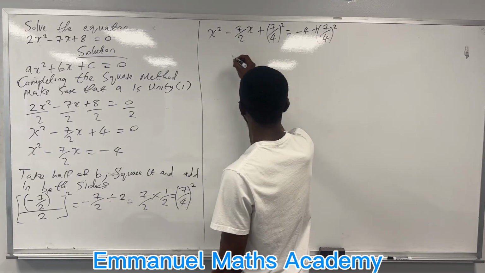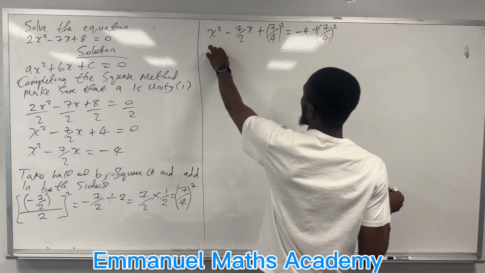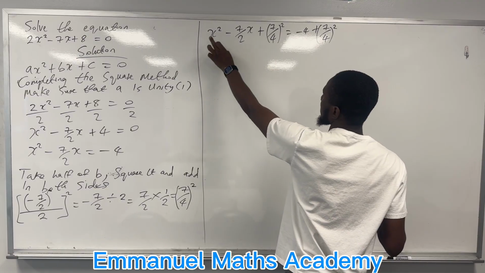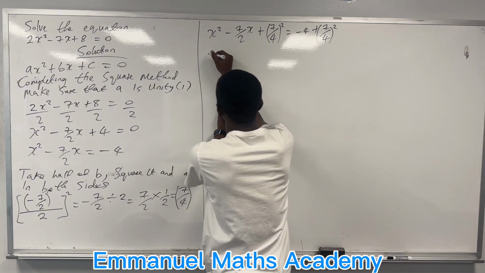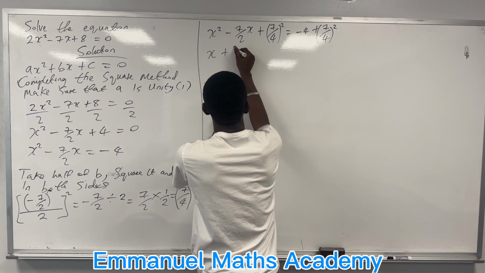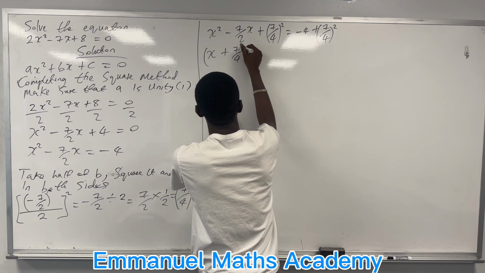Right? Good. Now from this, check the ones that have square. X and 7 over 4. Hence, you bring them together. X plus 7 over 4 square.